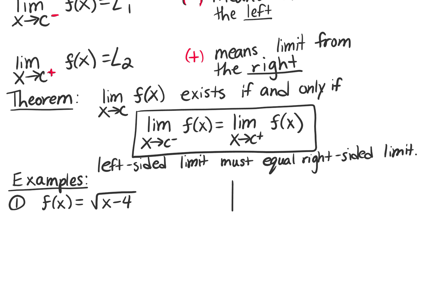So if we look at the domain of this, we think about this graphically. It starts at 4 and goes to the right. So our domain is x is greater than or equal to 4.